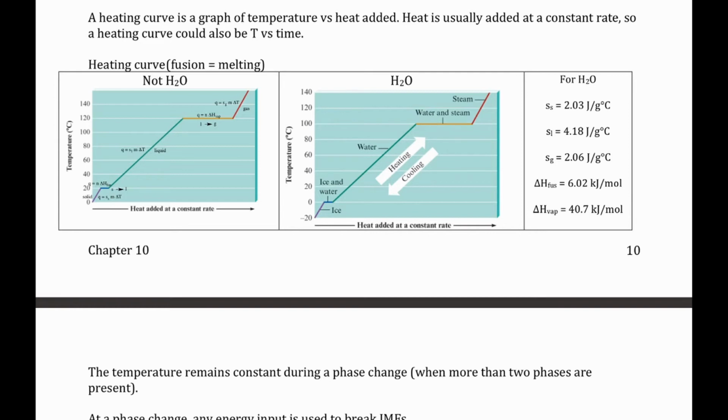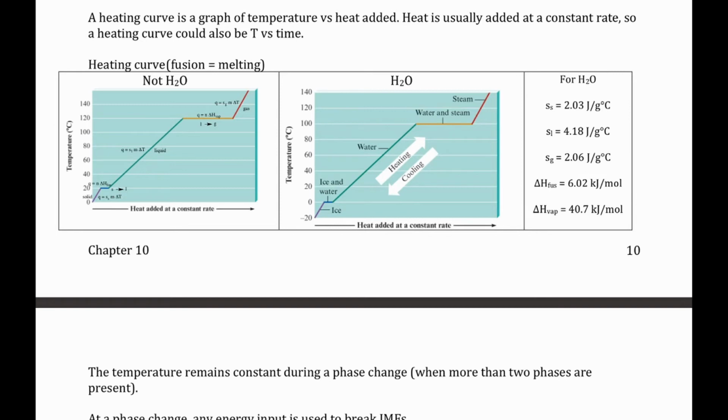And let's go to the water one. In this one, we have the temperature going from negative 20 degrees up to 140 degrees. So what we're starting with is water as ice, and it takes energy to go from negative 20 degrees upward, and the temperature is increasing as we do that process up until 0 degrees, until it starts to melt.